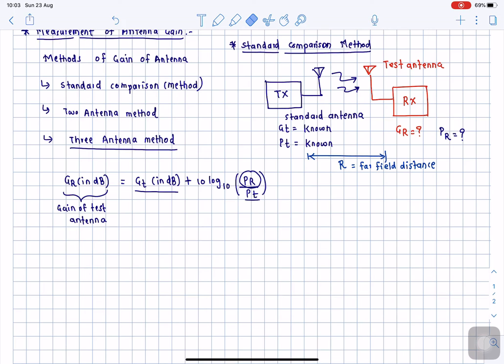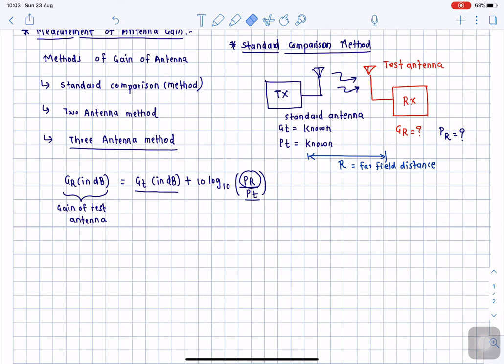Or we can write this as GR equal to GT, provided identical antennas. So this can be written as 1 by 2 of 20 log of 4 pi r upon lambda plus 10 log to the base 10 of the ratio of received power to the transmitted power.